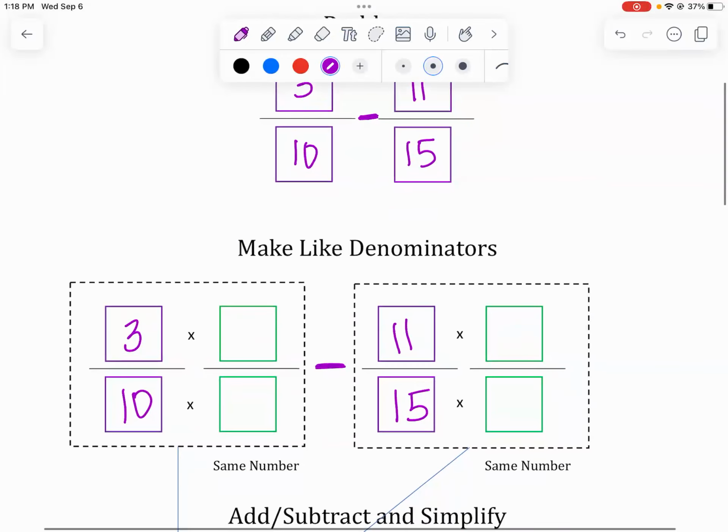Well, it's fine, because we would take this fraction of 3/10 and multiply by the other denominator, 15 over 15. We would take this fraction with the denominator of 15 and multiply numerator and denominator by the other denominator. So notice how 10 came here and 15 came here.